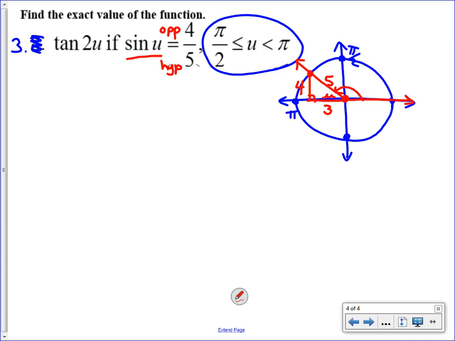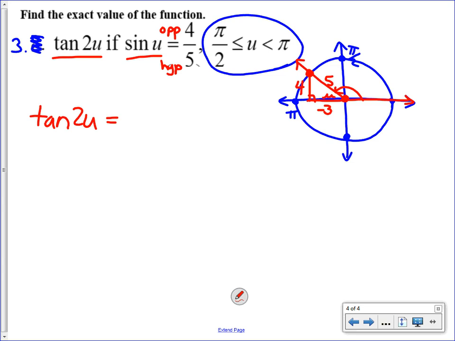Now, because the terminal side is in quadrant 2, to get to this point, you'd have to go left and then up. So you actually want to make that a -3. In terms of plotting that point, left 3, up 4. Now, we want to find tangent of 2 times u.